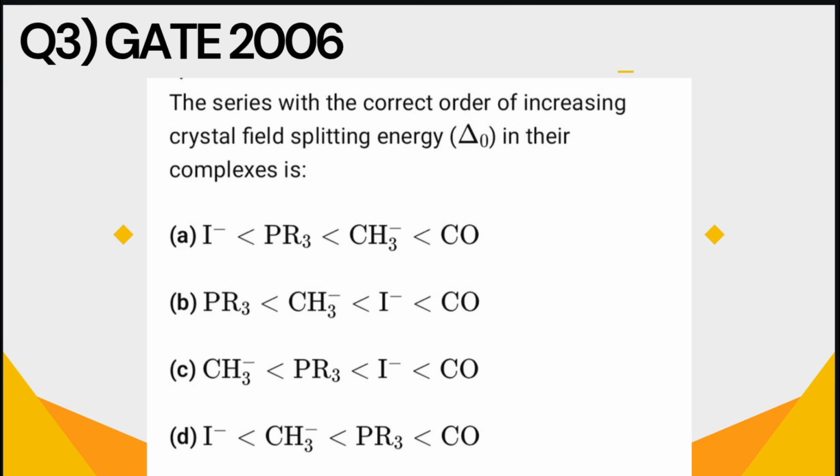The series with the correct order of increasing crystal field splitting energy delta naught in their complexes is, here four options given: option A, I minus less than PR3 less than CH3 minus and less than CO. And in B, PR3 less than CH3 minus less than I minus and less than CO. And in option C, CH3 minus less than PR3, that is less than I minus and less than CO. Then option D, I minus less than CH3 minus, that is less than PR3 and less than CO.